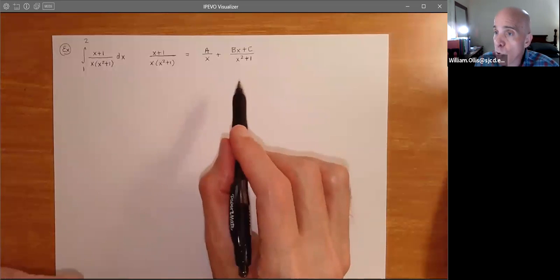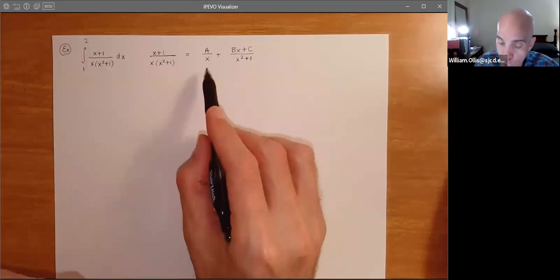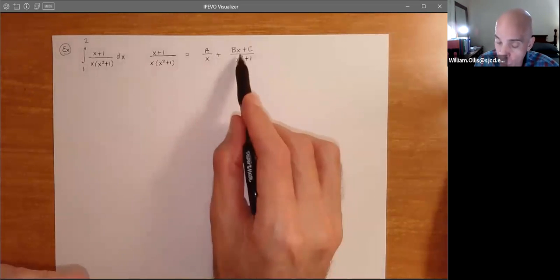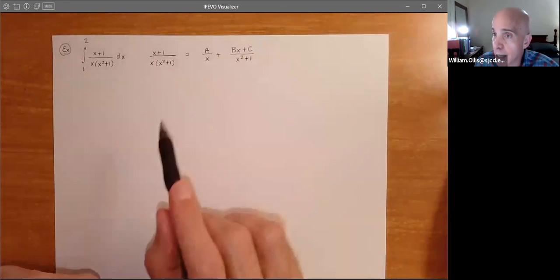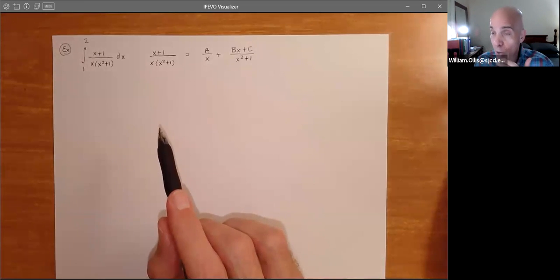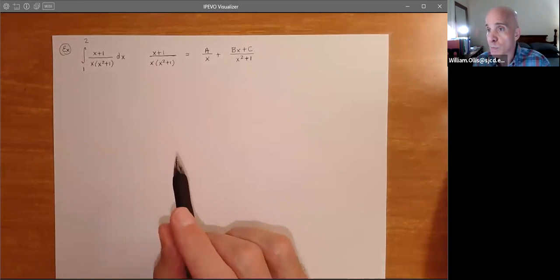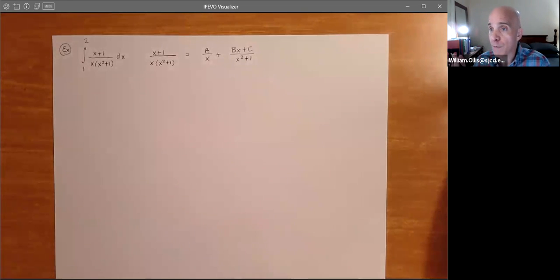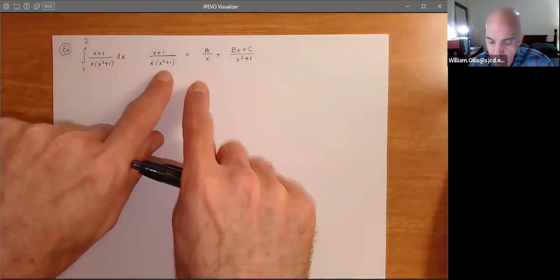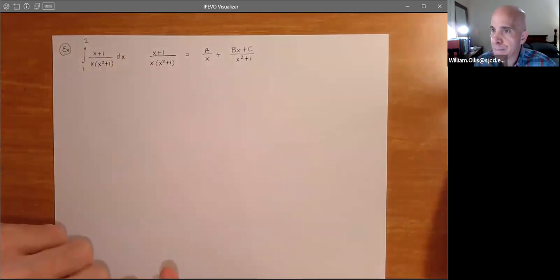And don't worry, if you just have an x squared, then we'd have a B over x squared term, and then we'd have to use a Cx and a D here. So the repeated linears and just like repeated quadratics, just add extra terms with different coefficients, but just the squared part. So basically what we want to do, ladies and gentlemen, is have a term that corresponds to each of these factors, okay?